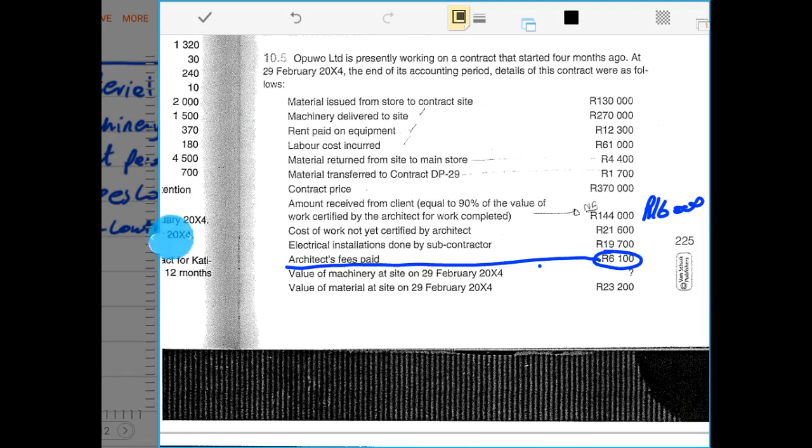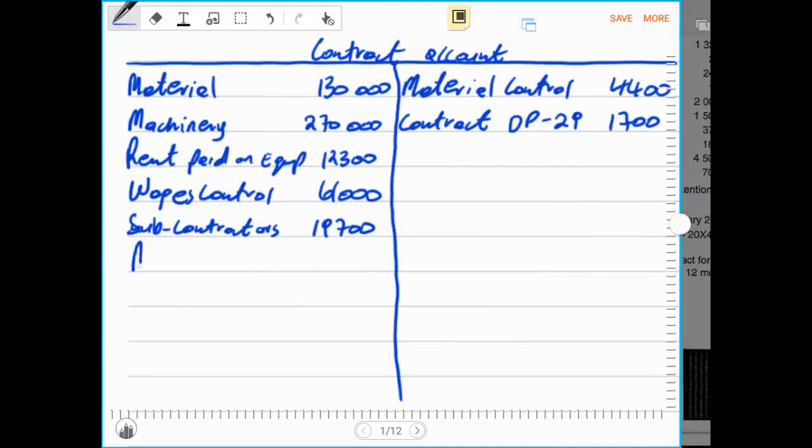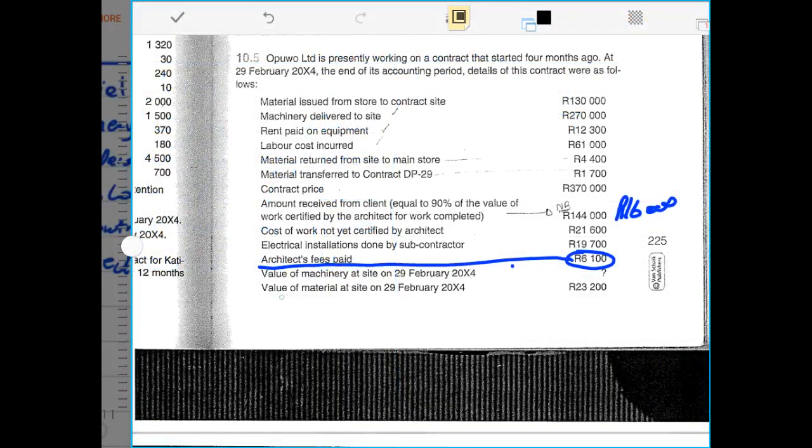So now it is an expense that we incur for the contract. Then we write the description as architect's fees, 6,100, the cost that you incur for the architect in order for the architect to certify the work.